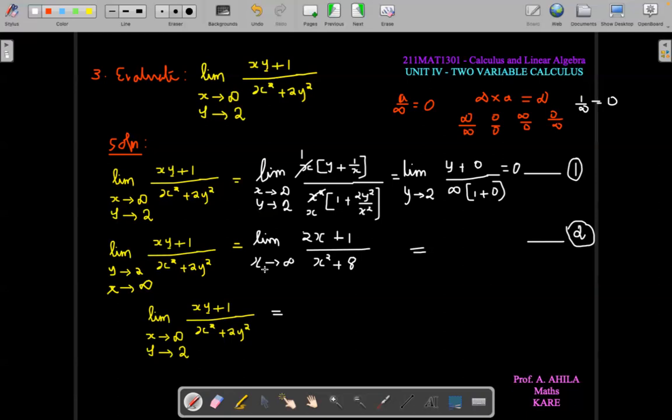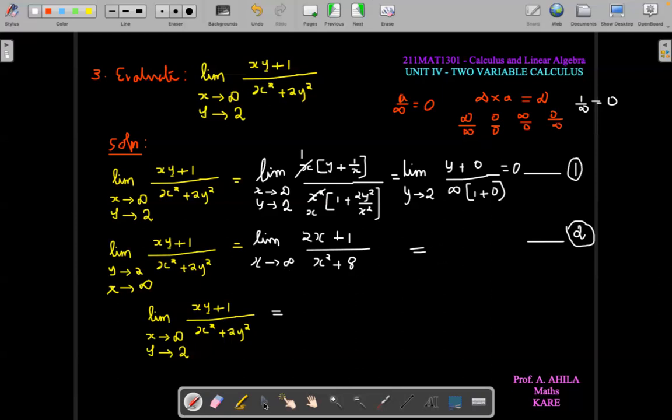Whenever infinity comes, any variable, x tends to infinity or y tends to infinity, please apply this method. Okay, take the variable as common factor and then substitute. If you directly substitute x tends to infinity, the problem goes wrong. So here I get x tends to infinity. So what should I do?